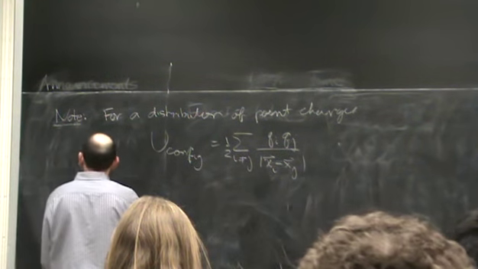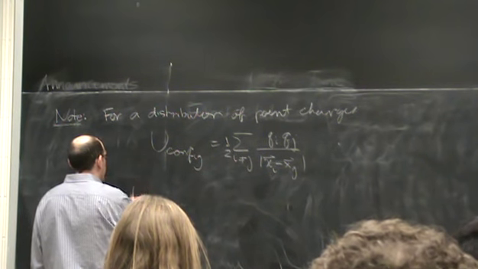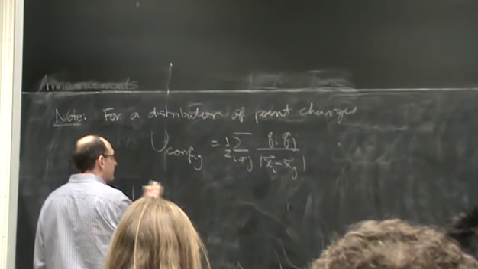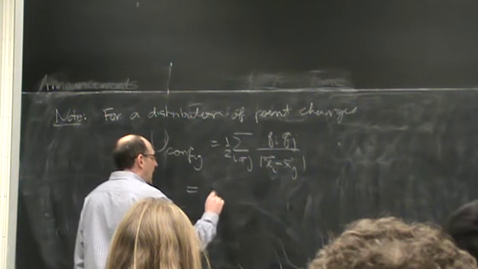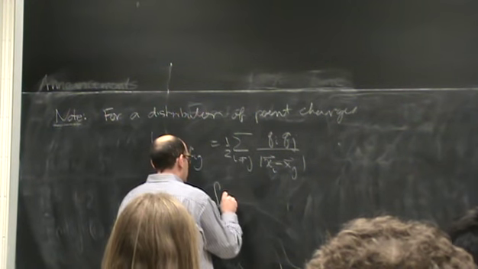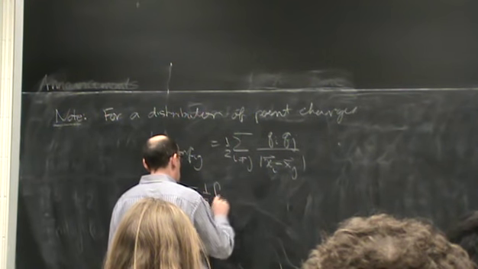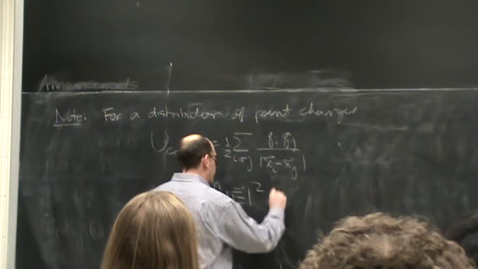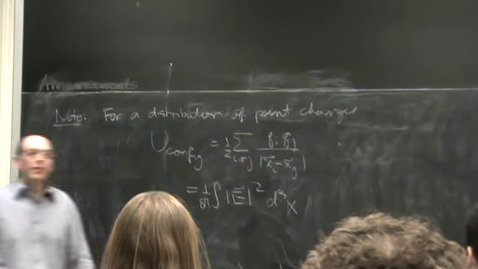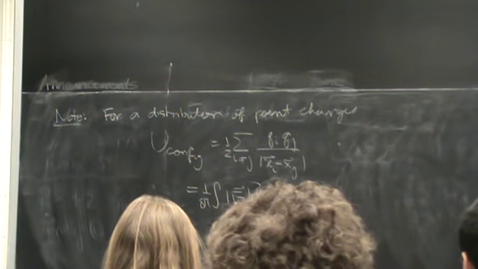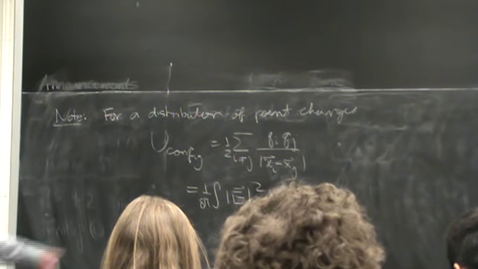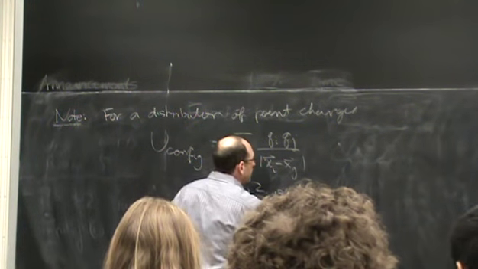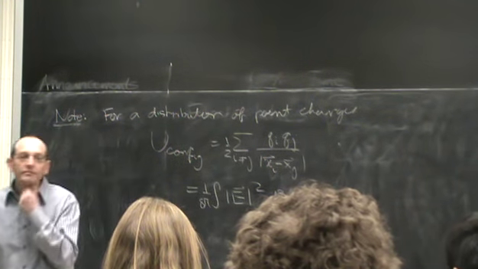But on the other hand, we just said that we can also write this as the integral over all space of the square of the electric field. Now, this is always positive, right?